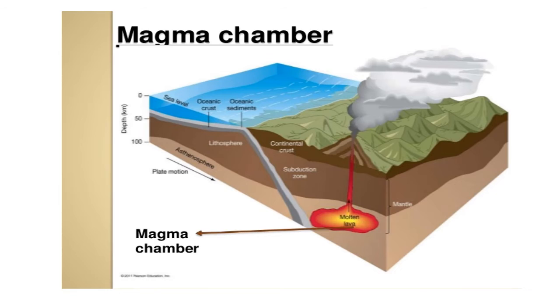Matter coming out of volcanic eruptions consists of hot magma, gases, steam, etc. When lava cools and solidifies, igneous rocks are formed. In the earlier classes, you have come to know about the three types of rocks: igneous rocks, sedimentary rocks, and metamorphic rocks. The rocks formed with the help of lava are the igneous rocks.